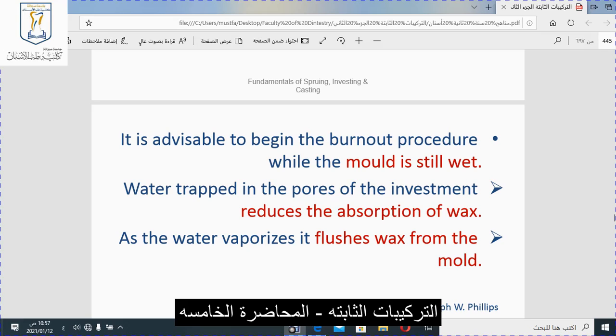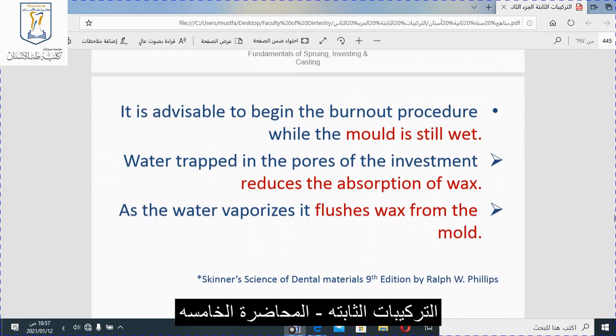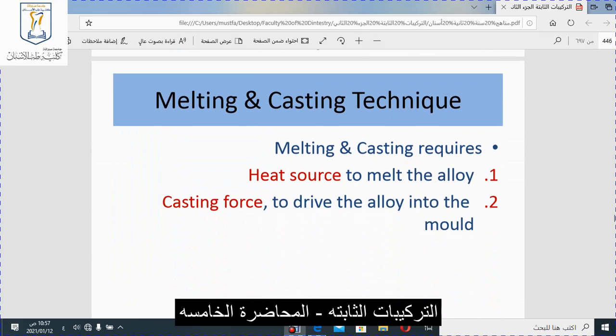But if there is water, the water will fill the porosity and the fins, and then later will evaporate and leave the space through which the air can leave the mold and give a good cast. If it is not so, you get either back pressure porosity or roughness of the cast.